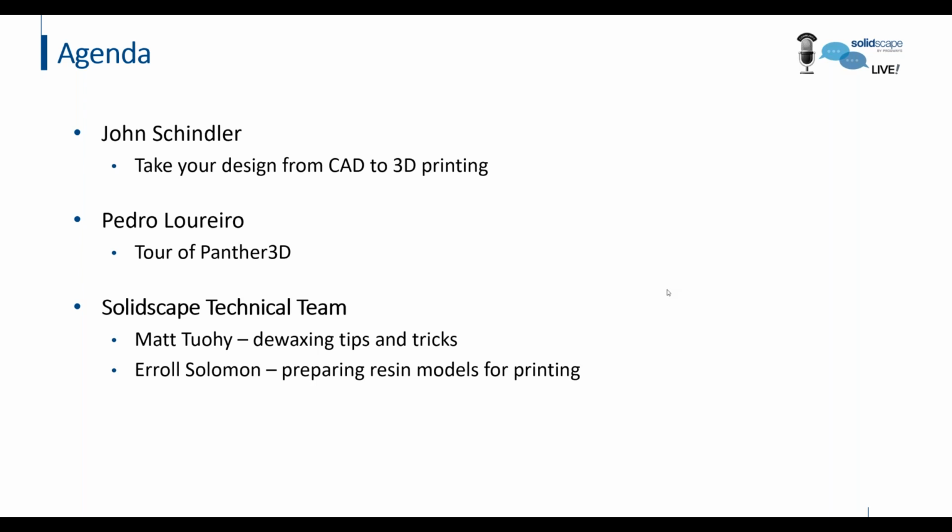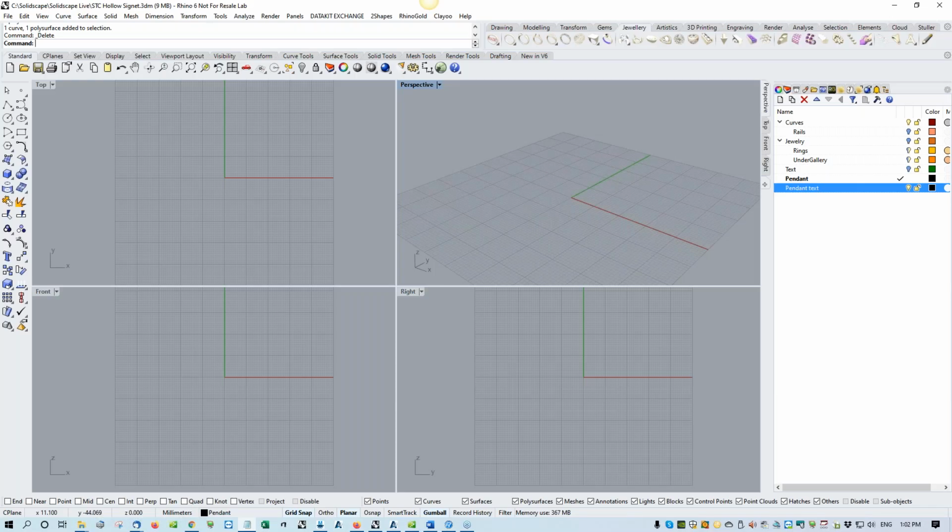And then from our amazing tech team here, we have Matt Tuohy and Erroll Solomon. They're going to talk to us about dewaxing tips and tricks and preparing resin models for printing. So with that, I'd like to hand it over to John Schindler, who is going to talk to us about CAD to 3D printing. So John, take it away.